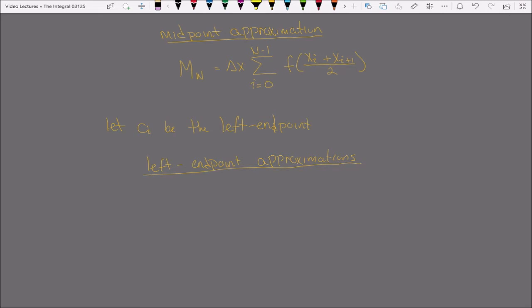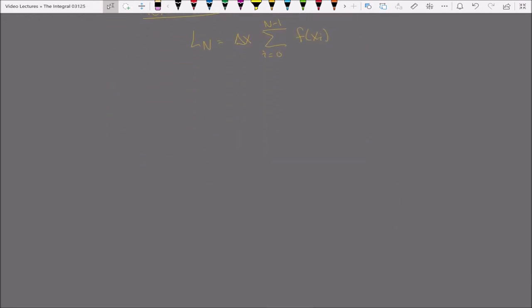And that is given by L sub n is equal to delta x times the summation i equals 0 to n minus 1 of x sub i. Regardless of how we choose the c sub i, we still get a summation. And we call this particular type of summation a Riemann sum.